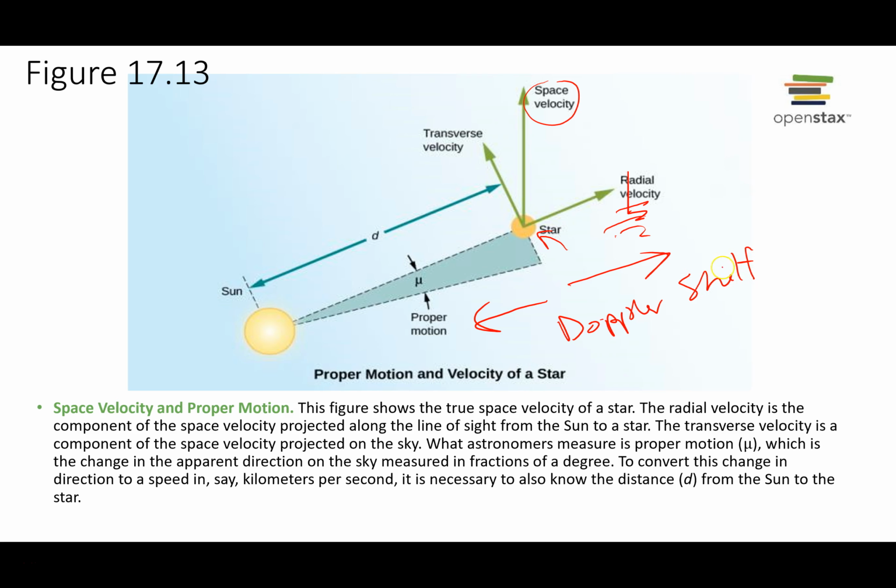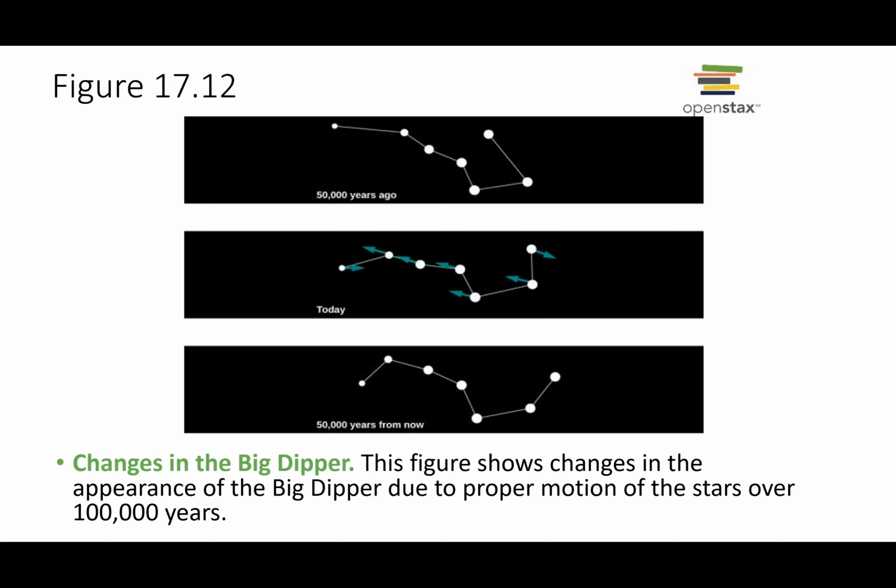Remember, if it's moving towards us, you guys told me you're going to get a blue shift. Away from us, it's going to be a red shift. If it's moving side to side, which is what we call proper motion, then we are in good shape to just use its relocating against the background stars. So those are 2 ways of checking on the motion and the velocity of a star moving.